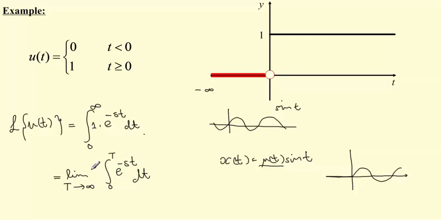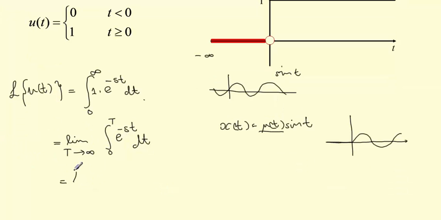Why do we introduce this? Because this apparently looks like a definite integral, but infinity is not a number. So we introduce a parameter T here to let it roll towards infinity and see whether this integral has a limit. And if it has a limit, then that limit will be the Laplace transform of this unit step.